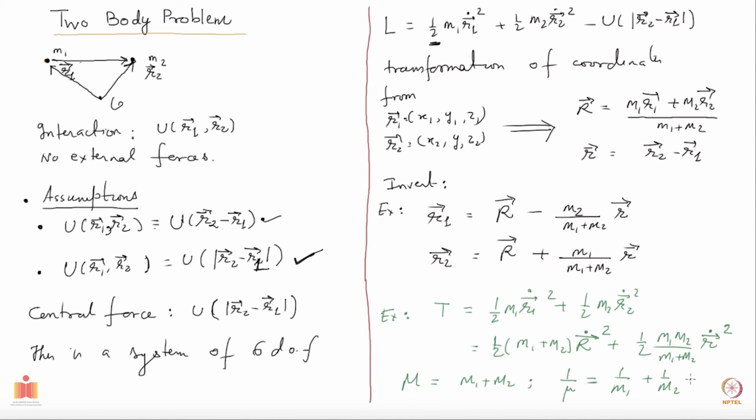So that's the definition of mu, and you can see that this piece here, m1 m2 over m1 plus m2, is just mu. And mu is called the reduced mass.